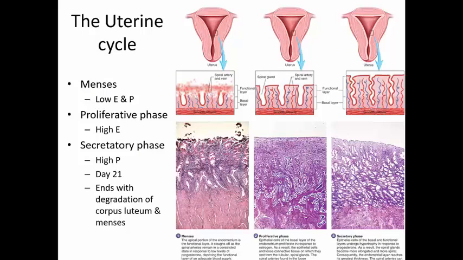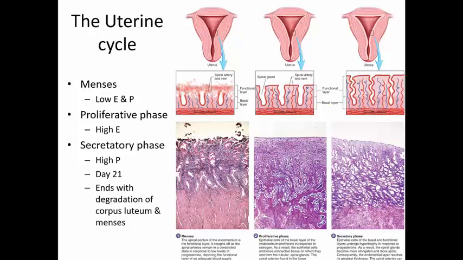Now this is what happens during the uterine cycle, and you can actually align the uterine cycle to the ovarian cycle and compare what happens during each of them. And you'll see that what happens during the ovarian cycle is very much related to what happens during the uterine cycle, because when you are in the follicular phase, before you've ovulated an egg, when you're just developing the follicles, it doesn't make sense to have a nice plump endometrium because there's not going to be a fertilized egg to implant there.